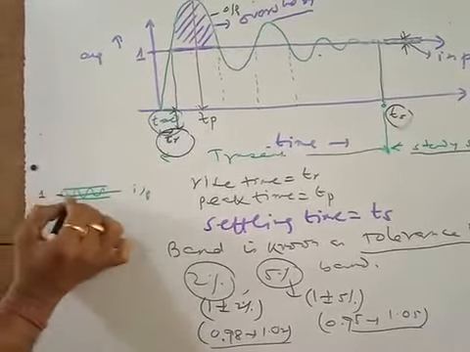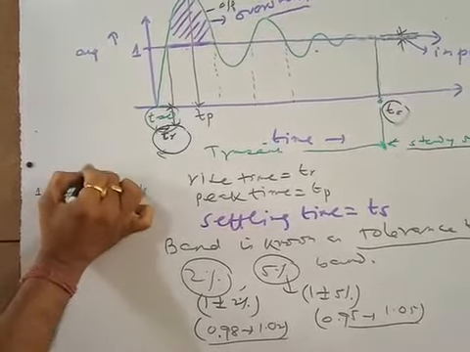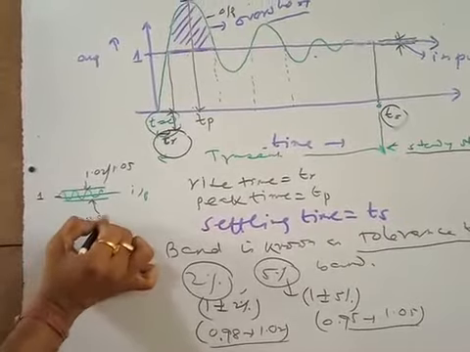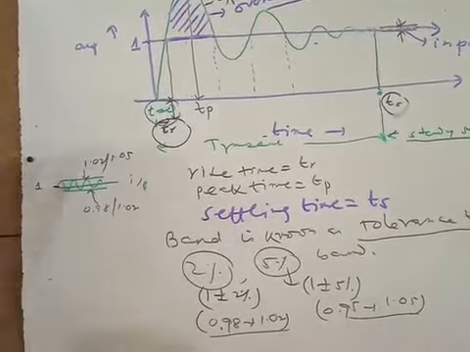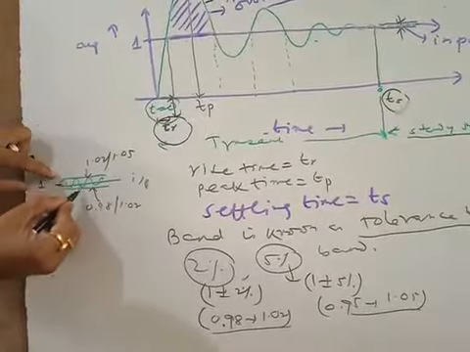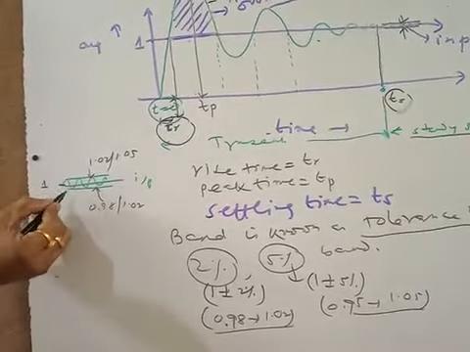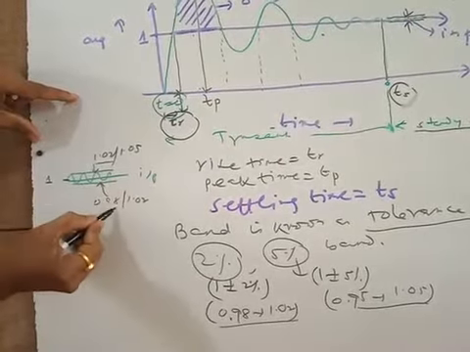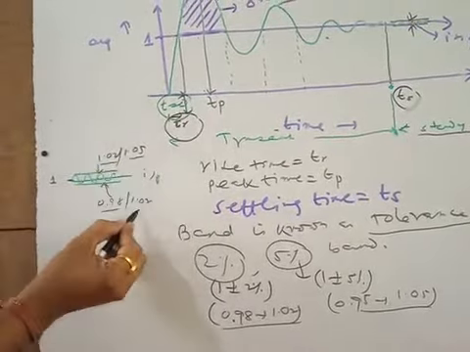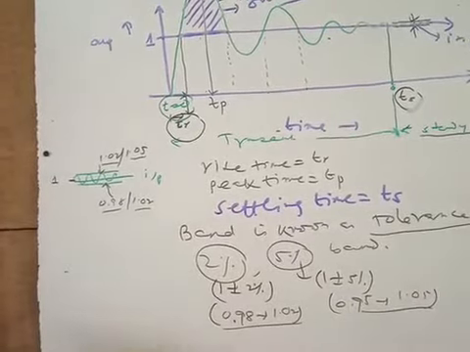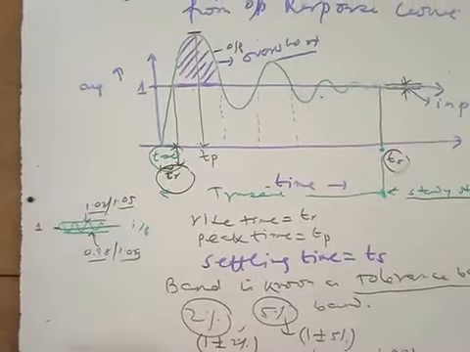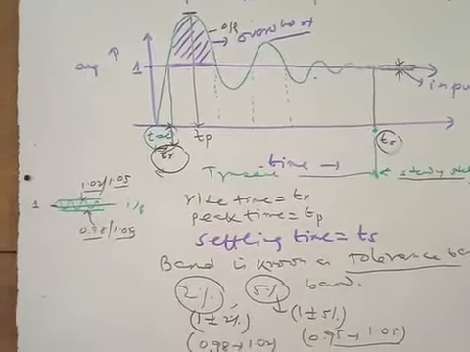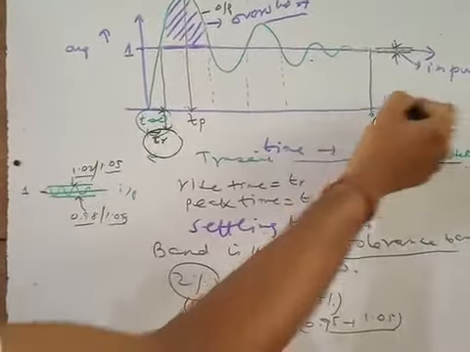This is your desired value. The upper value may be 1.02 or 1.05, and the lower value may be 0.98 or 0.95. If the oscillation is so small that its maximum and minimum values lie between these two limits, then it is considered settling time, and this is your steady state point.